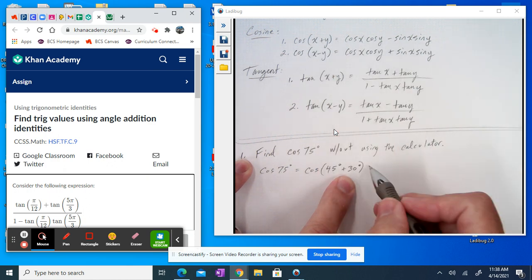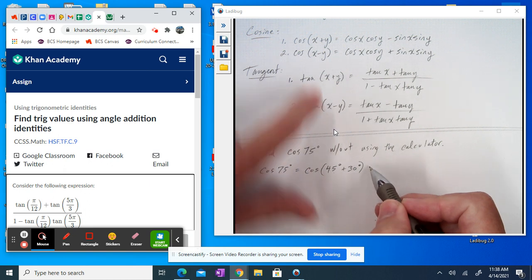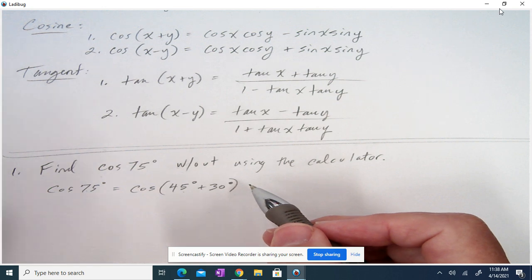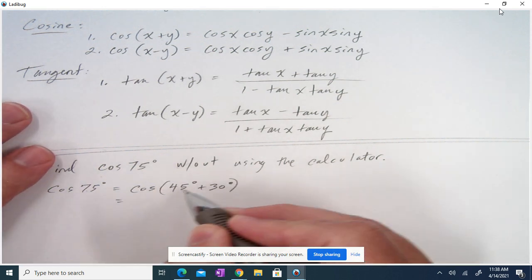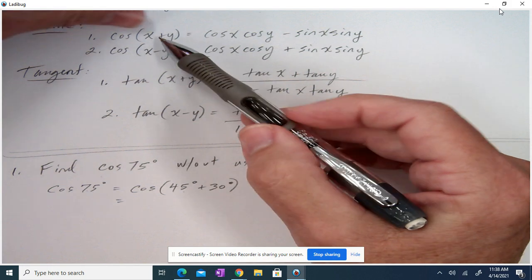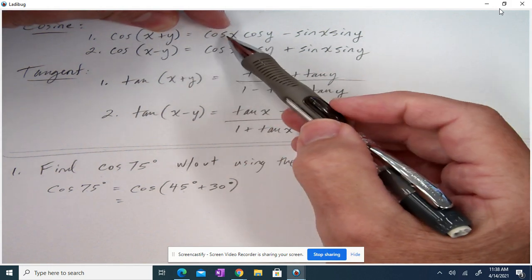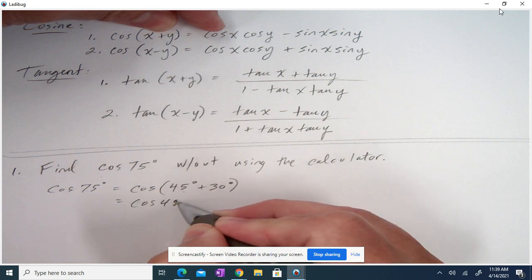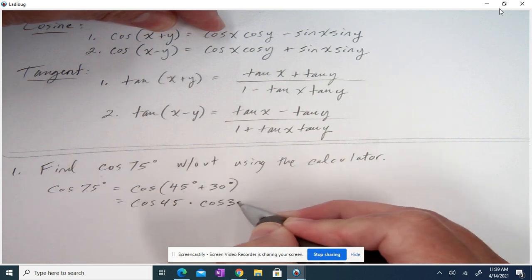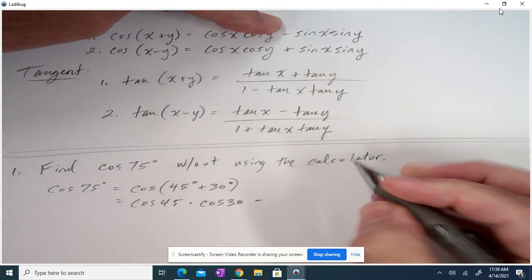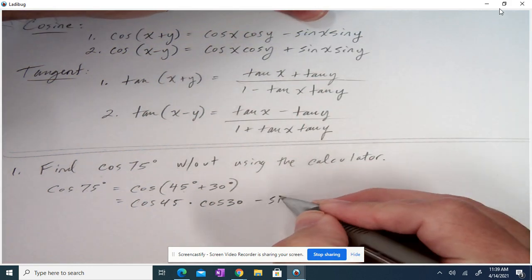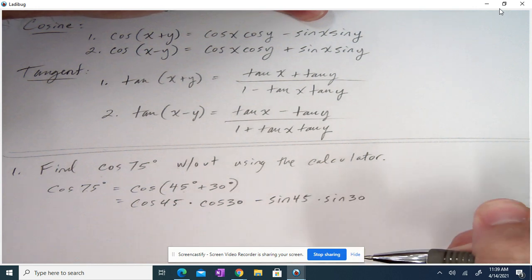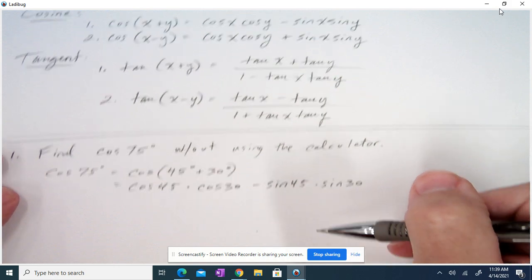The cosine of the sum of these two angles would be the cosine of the first times the cosine of the second, so the cosine of 45 times the cosine of 30, minus the sine of 45 times the sine of 30, like so.